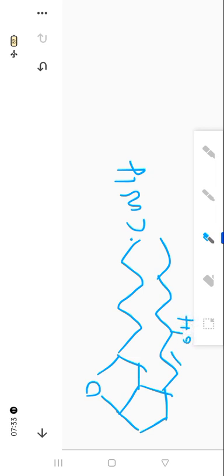Yeah. So this is a prostacyclin. So we can see that this oxygen has bridged between carbon 9 and carbon 6. And so we now have a bicyclic compound being formed.